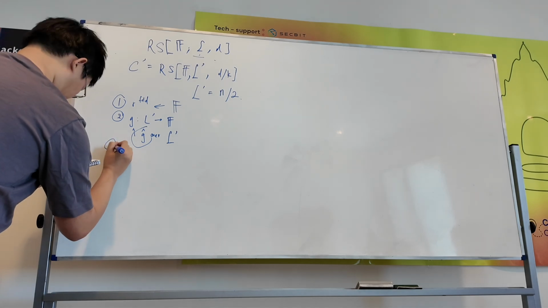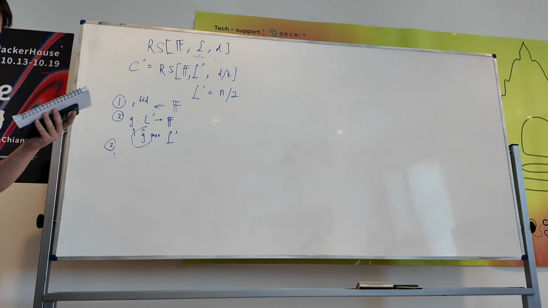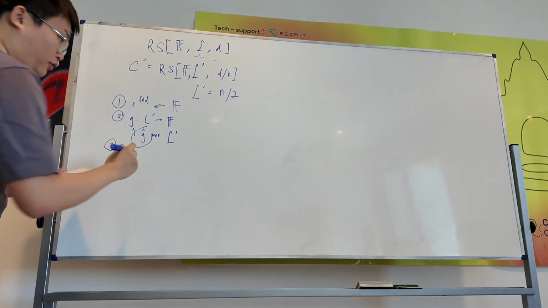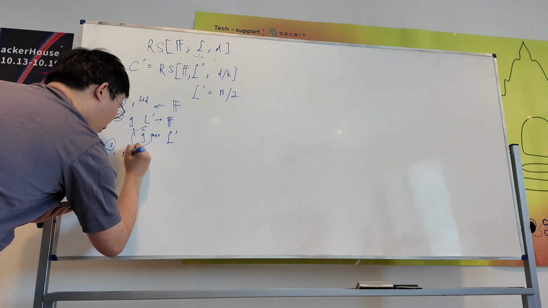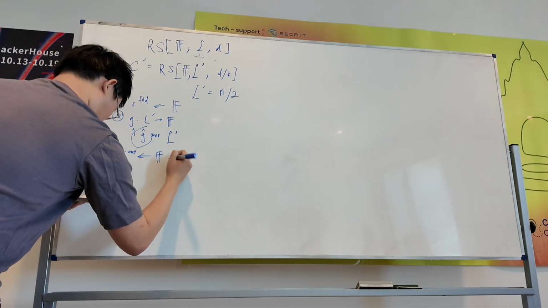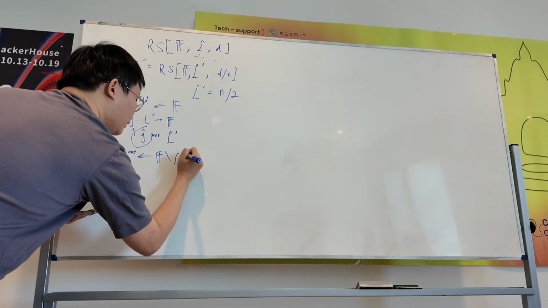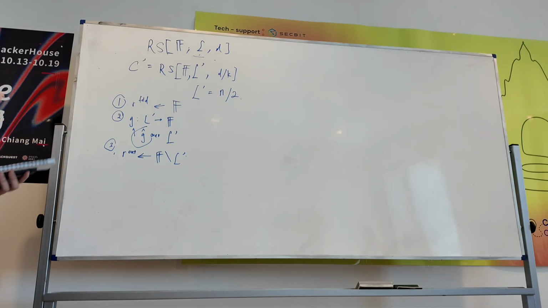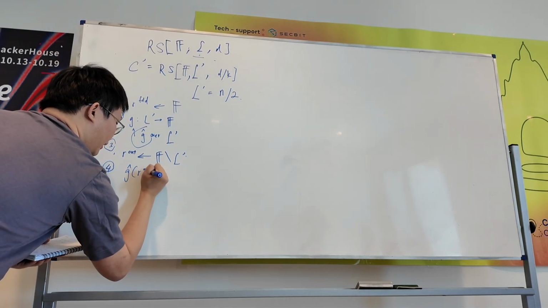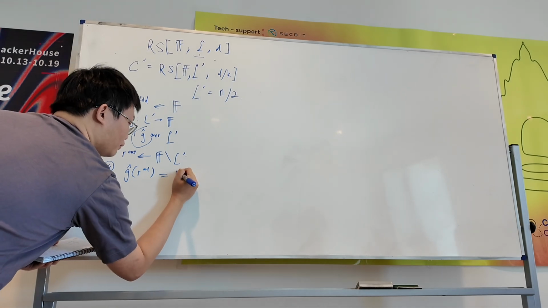Now we sample a value we call r out of the field, but from outside the current evaluation domain. This is sampled by the verifier and sent over to the prover, so that the prover can evaluate g hat there and produce an output we call beta.